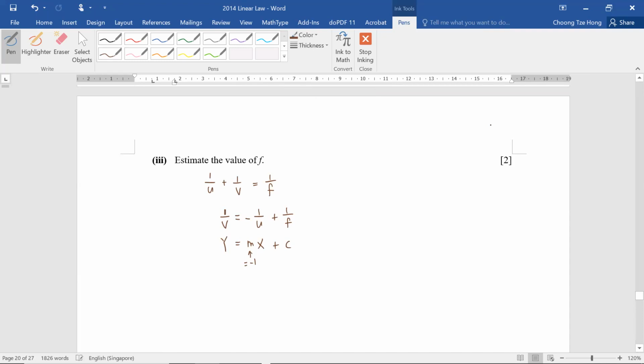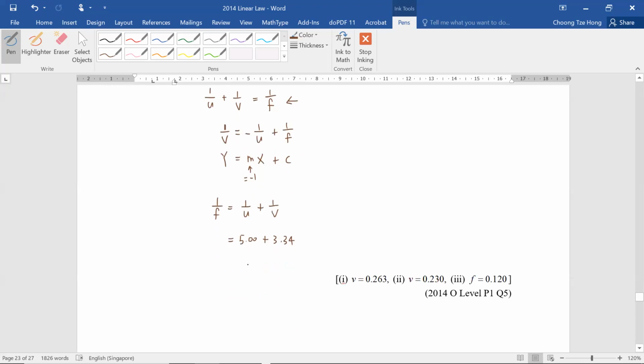If I go back to the original equation, 1 over f will be 1 over u plus 1 over v. Remember the values I want to sub in: 1 over u will be 5.00, 1 over v will be 3.34. If you calculate it out, you will get 8.34.